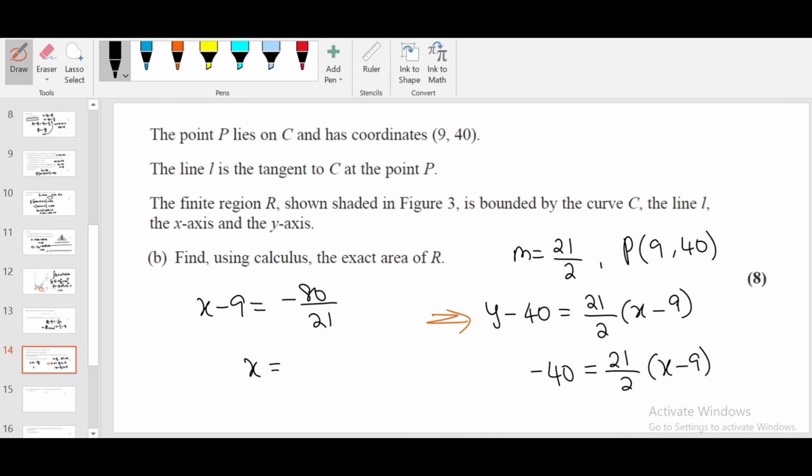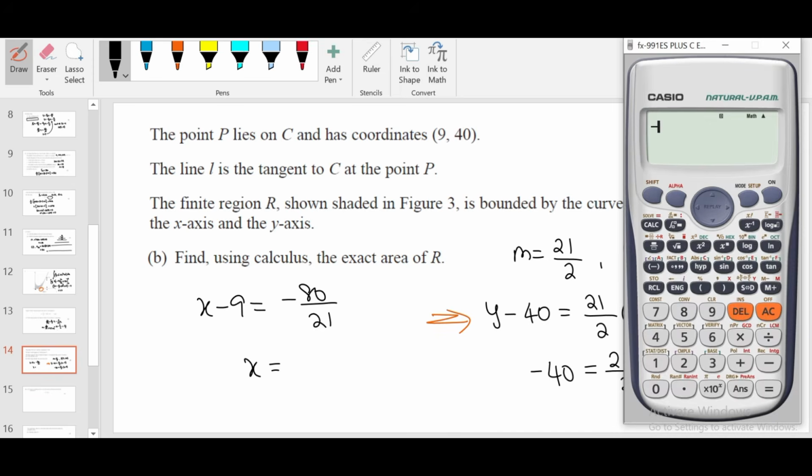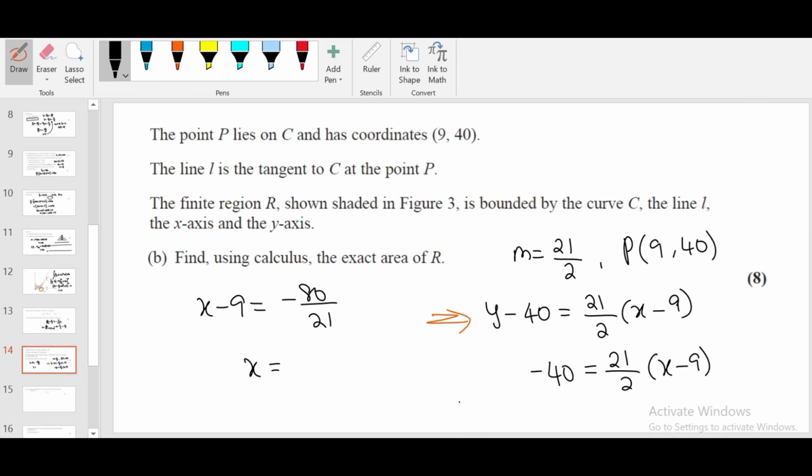So x is minus 80 over 21 plus 9. Is that correct? 21 over 2 comes here, 2 over 21, minus 80 over 21. Yes. Okay, the slope is 21 over 2.